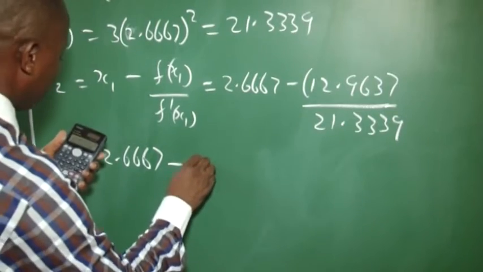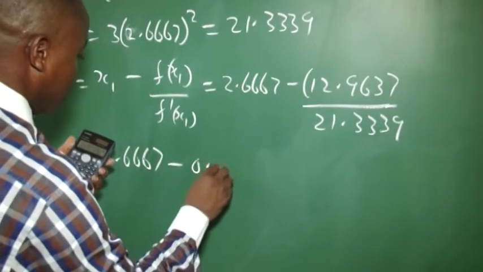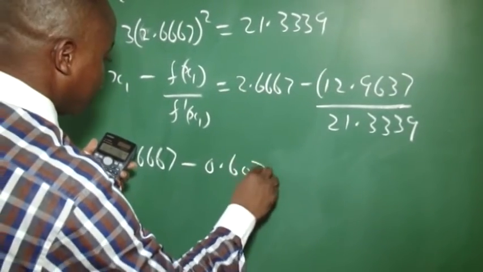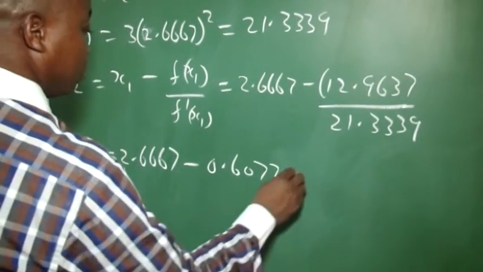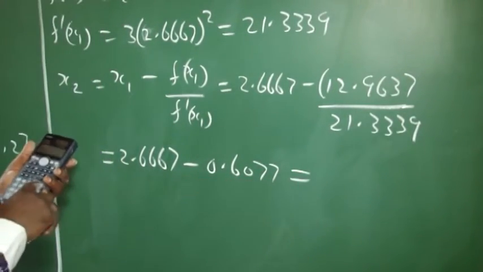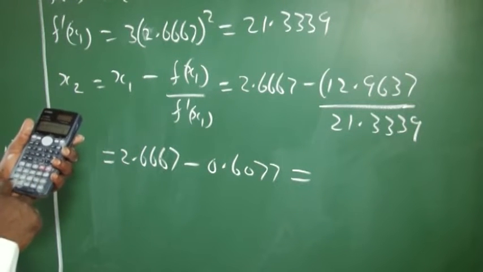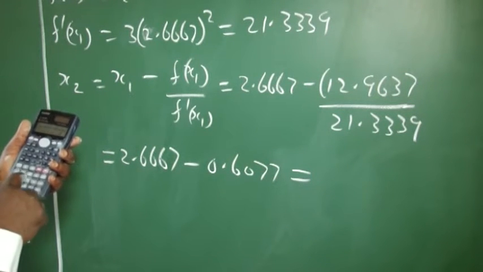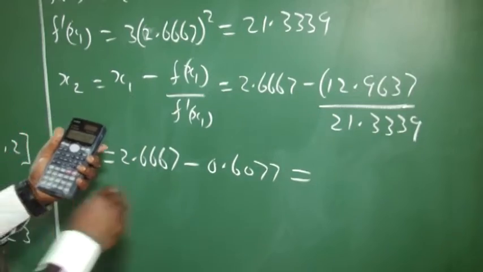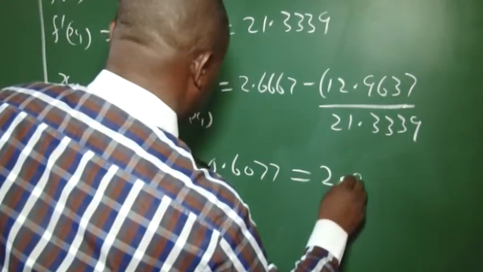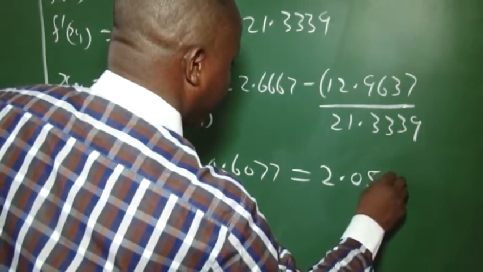That gives us 0.6077. Subtracting, 2.6667 minus 0.6077 gives us 2.059.